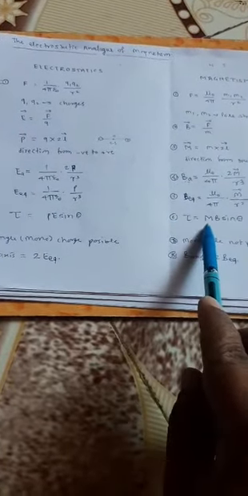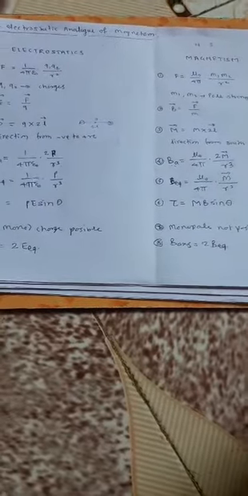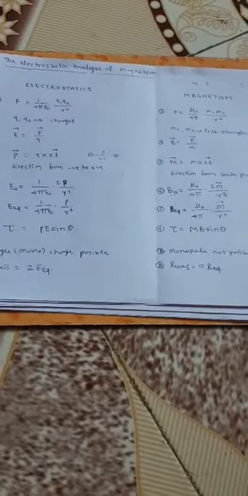Here also tau means torque, M is the magnetic dipole moment, B is the external magnetic field, and theta is the angle made by the direction of the field with the axis of the electric dipole or magnetic dipole.